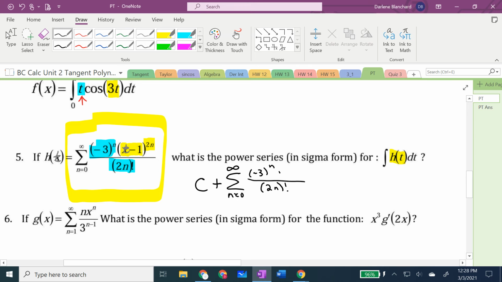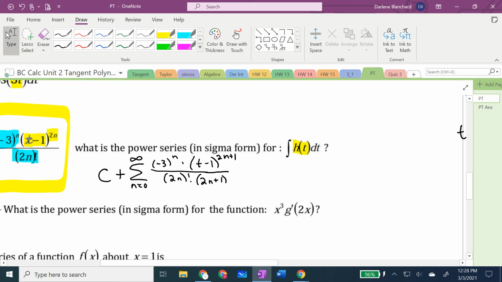And then integral direction is add 1 to the exponent and divide by that exponent. If this were a multiple choice problem, there would definitely be a simplification with this denominator, but you do not have to simplify that part. But it does simplify to 2n plus 1 factorial.